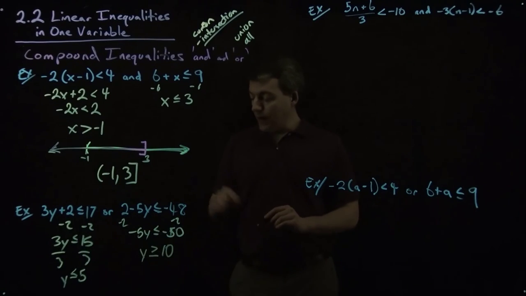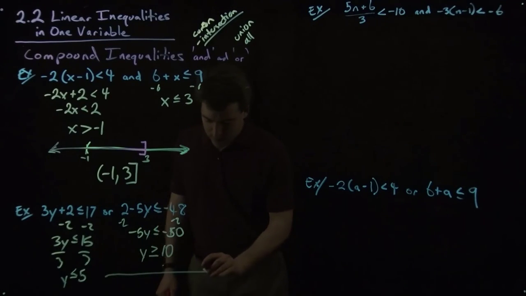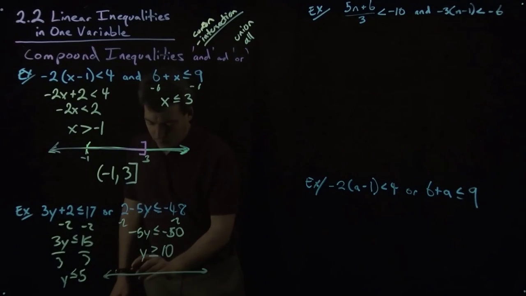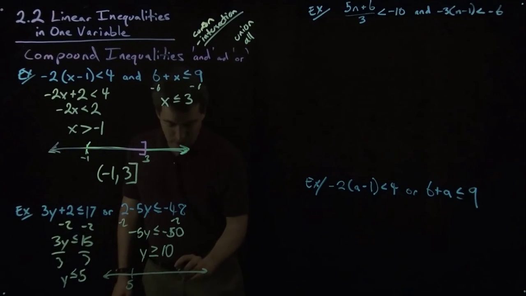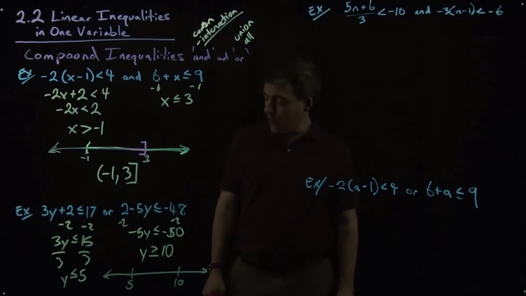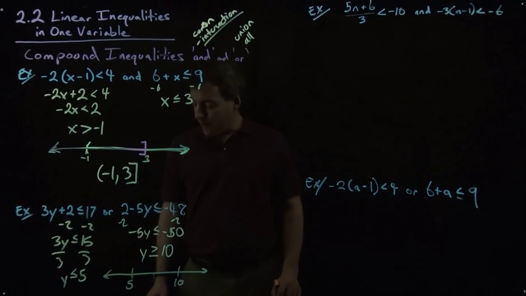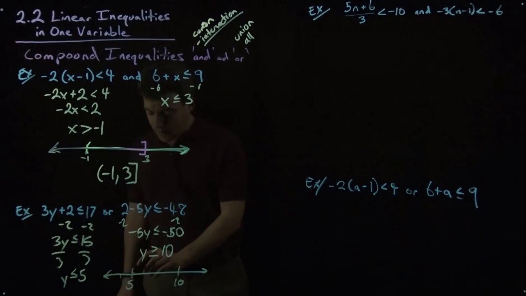All right, let's draw out the number line. So we've got our number line, got 5 and 10. And we want y less than or equal to 5. So we start here.